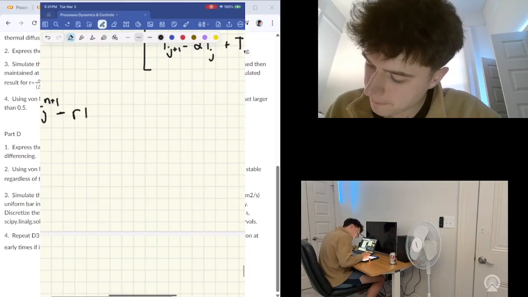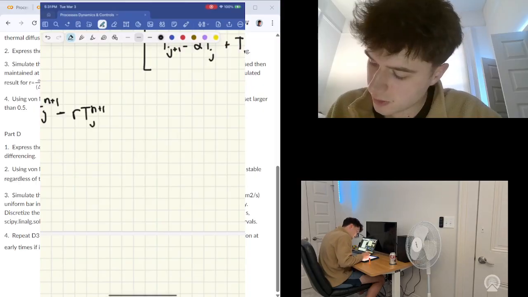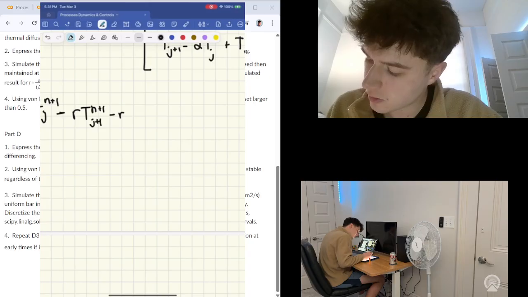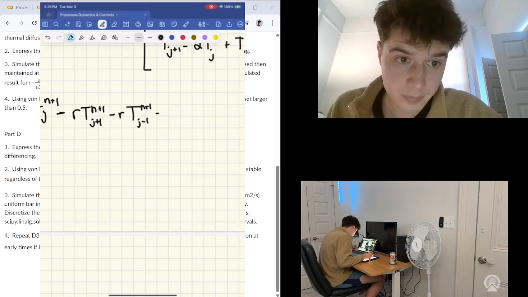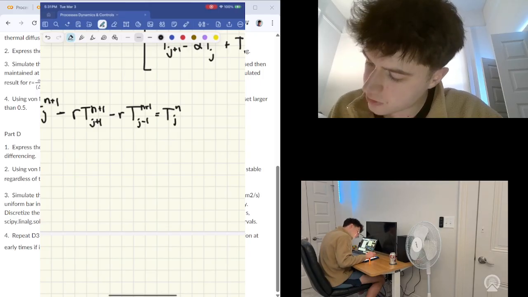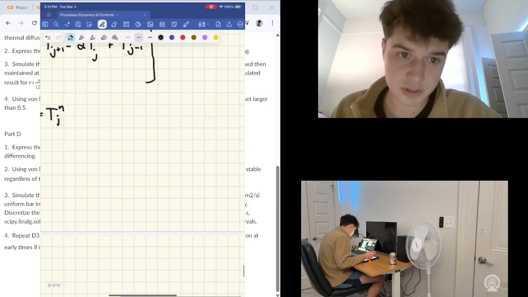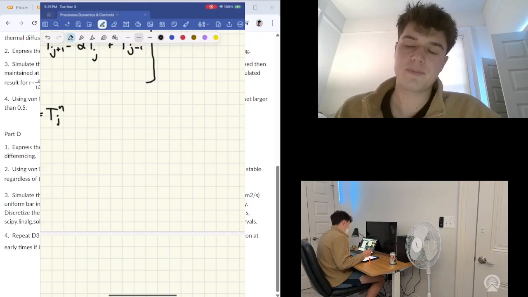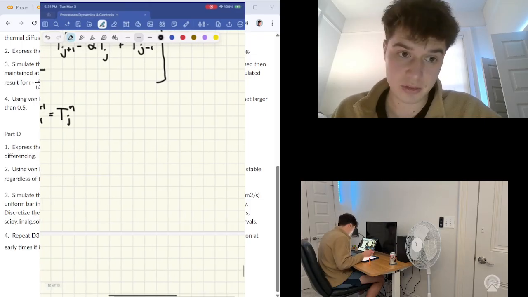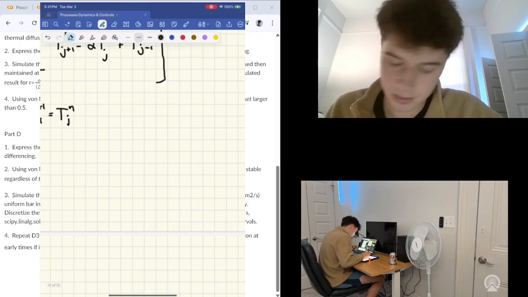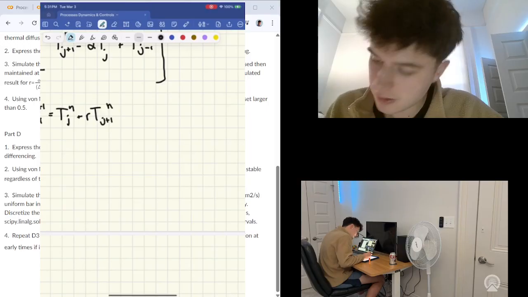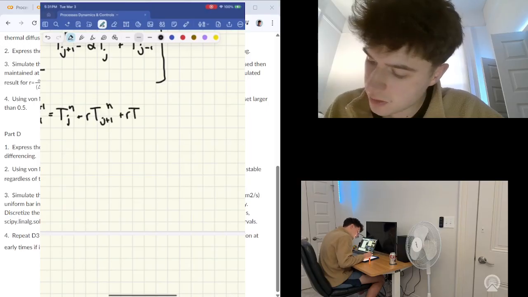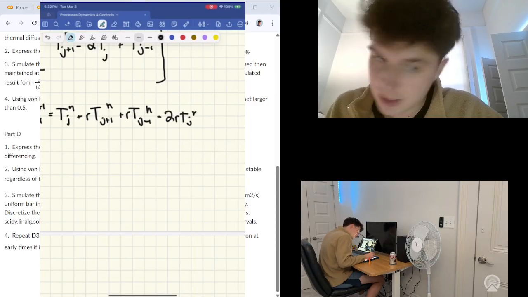So now we have r times T_(j+1)^(n+1) minus r times T_(j-1)^(n+1) equals T_j^n. So we have things with r terms on the left and the right now, which obviously is not ideal, but we will get through that part. R T_(j+1)^n plus r T_(j-1)^n minus 2r T_j^n.